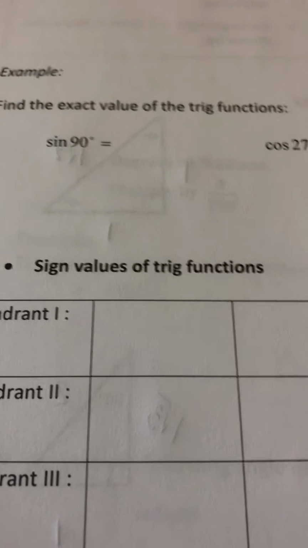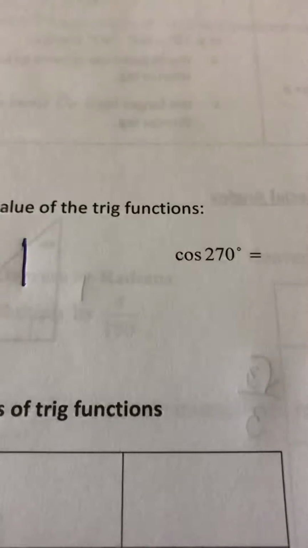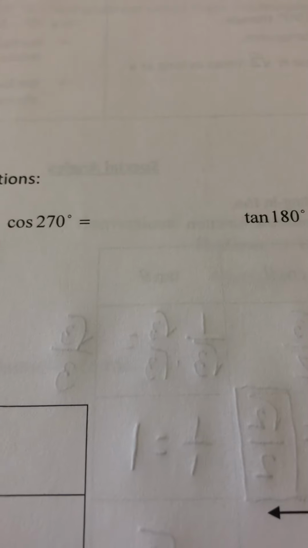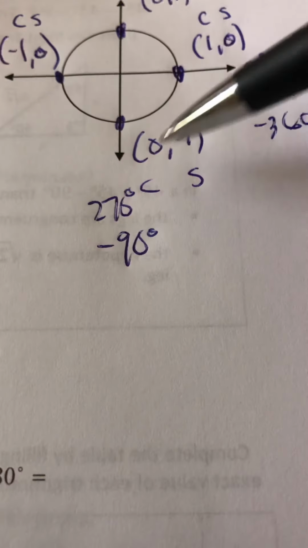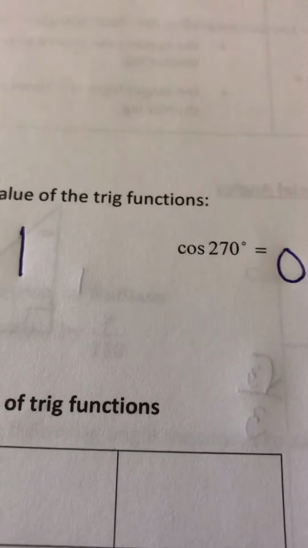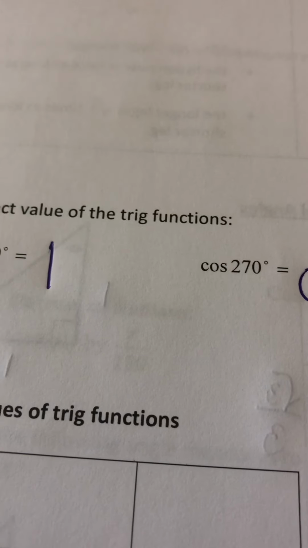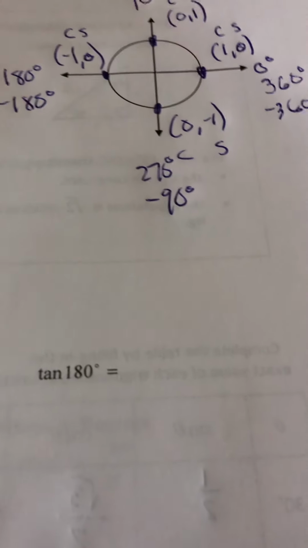So the sine of 90: at 90 degrees, sine is equal to 1. Cosine of 270, so 270 would be all the way around to here. Cosine is 0 at 270 degrees. And tangent of 180. Now tangent is one of those parts where we need a little bit of work.